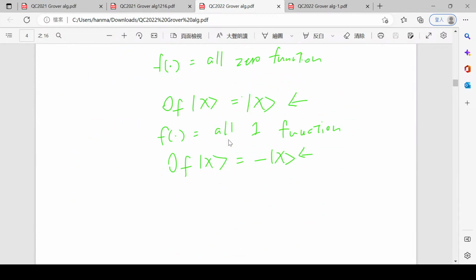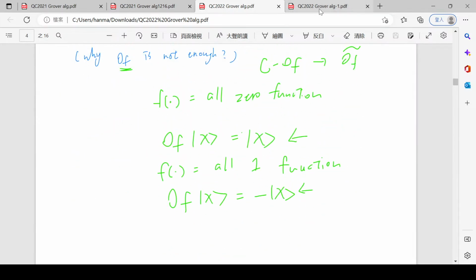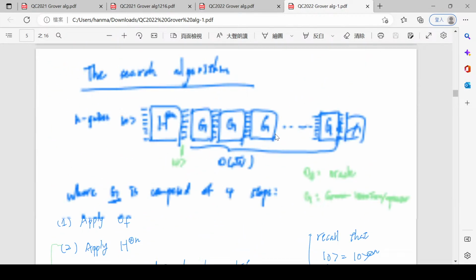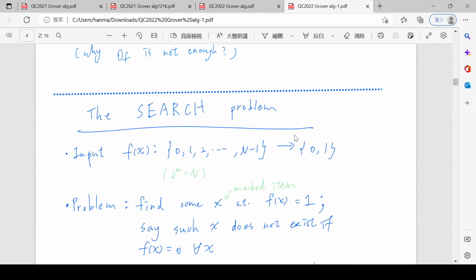Okay, and then we go to our Grover's algorithm. So we have something here. Okay, so we start doing Grover's algorithm, but we should probably say what problem we are solving first. So the problem we are solving is, as we said, the search problem, and we put everything in capital letters because that's how you usually write down a problem in computer science.